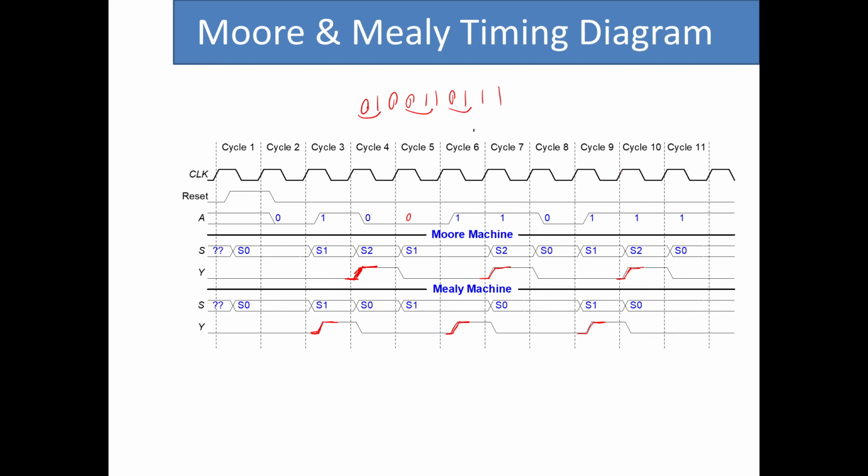Basically a few nanoseconds after the rising edge of the clock, this thing happens. But for the Mealy FSM, that is not the case. So depending on the problem that we want to solve, either Moore FSM or Mealy FSM can be preferred.